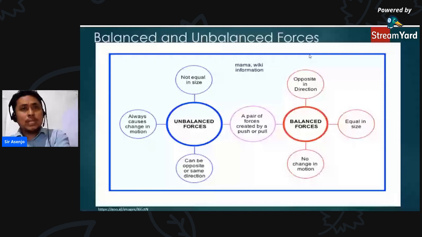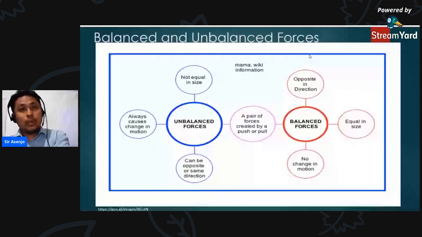Unbalanced forces, when it comes to magnitude, are not equal in size. Okay, the size or the magnitude is not equal. That means it always causes a change in motion. So when there's an unbalanced force, it always causes a change in motion. Not any motion, but a change in motion. Direction can be opposite or the same direction.